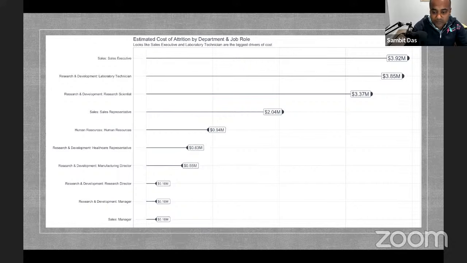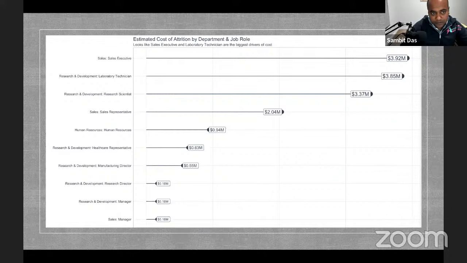Imagine if we present this to senior management and share that we have a $7 million problem to solve. That is more powerful to explain and to get buy-in, right?